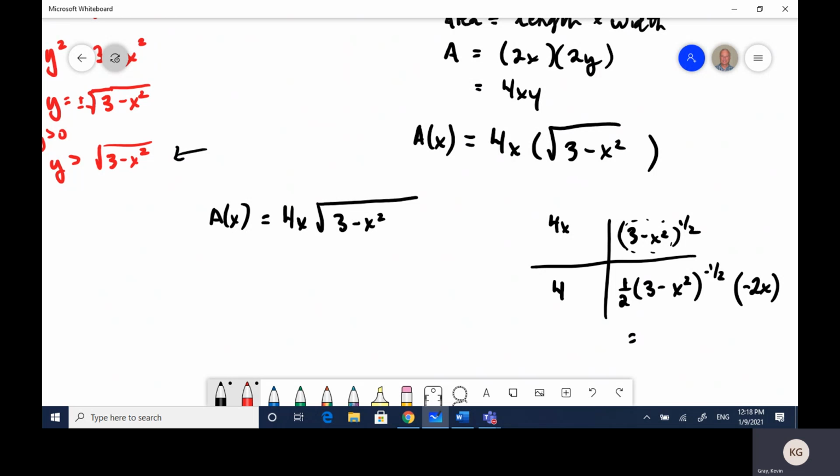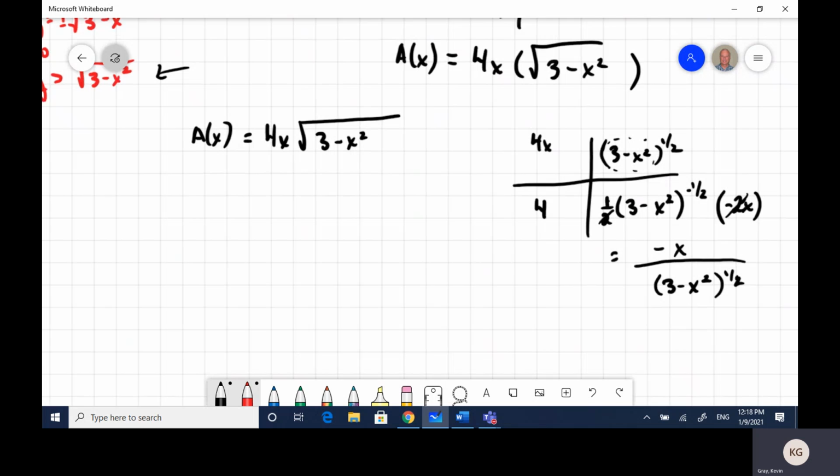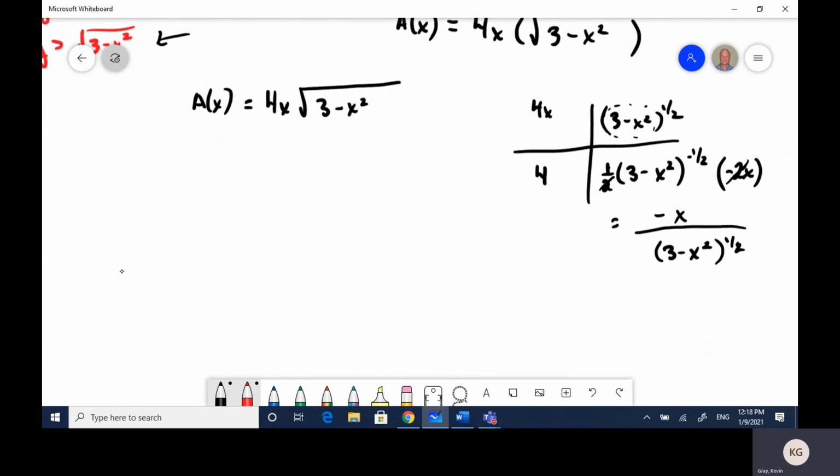Okay, so now I'm just going to clean this up and bring this all together. When I simplify this, the 2's will cancel each other out, right? I'll have a negative x in the numerator, and I'll have 3 minus x squared to the 1/2 in the denominator. Okay, so now I can apply the product rule and bring all these pieces together here.